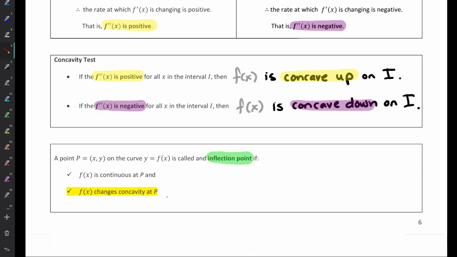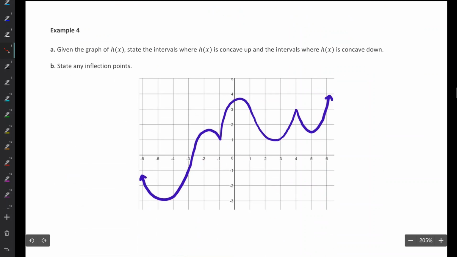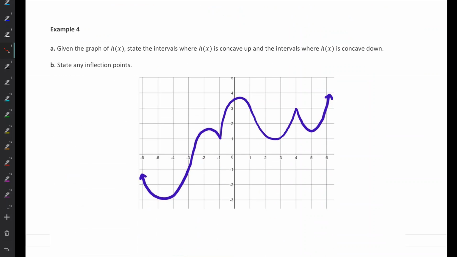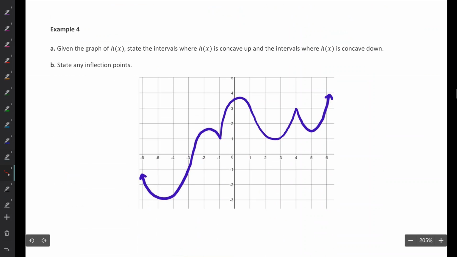Let's consider some examples. So example 4. Given the graph of h here, that's what's pictured, state the intervals where h is concave up and where h is concave down, and then state any inflection points.